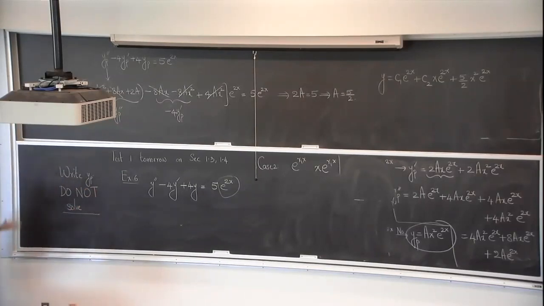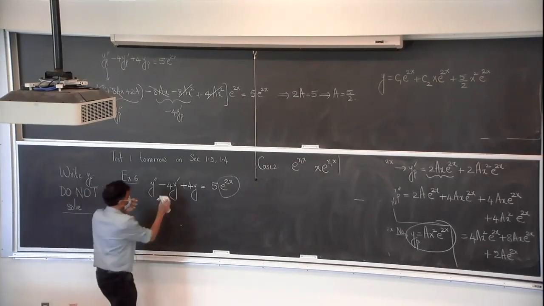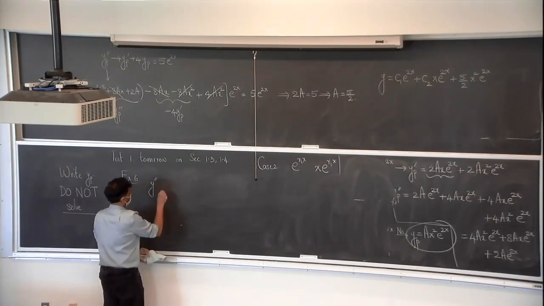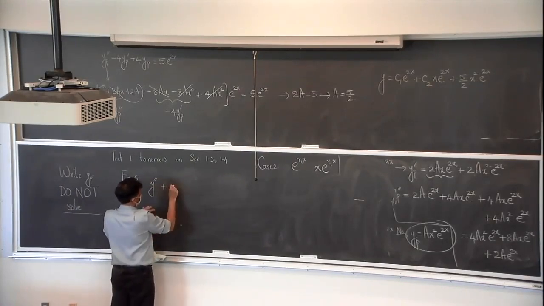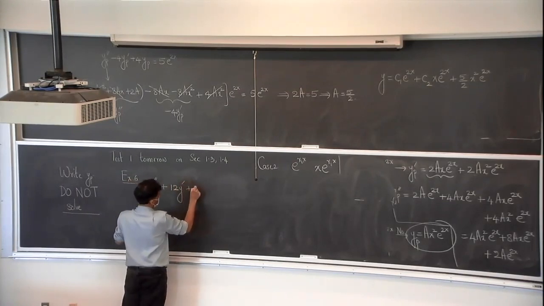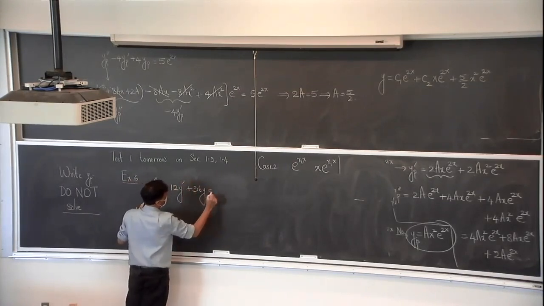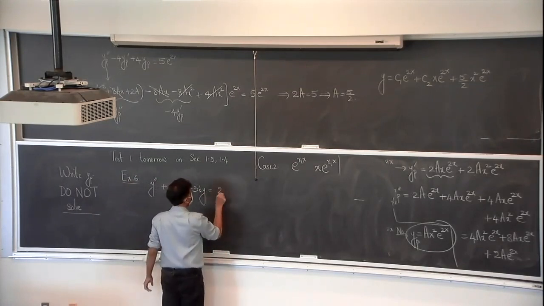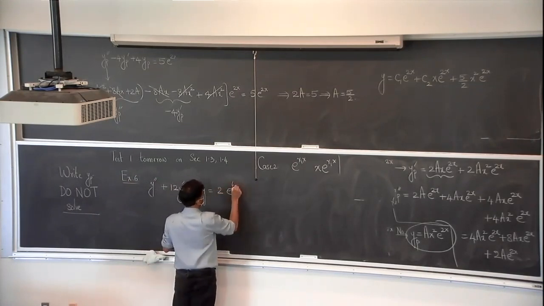So you still have to find YH, because we don't know what YP would be without YH. So find YH, write YP, stop. That's going to be the process. So let's start with this. Y double prime plus 12 Y prime plus 36 Y equal to 2 e to the power of 6x.